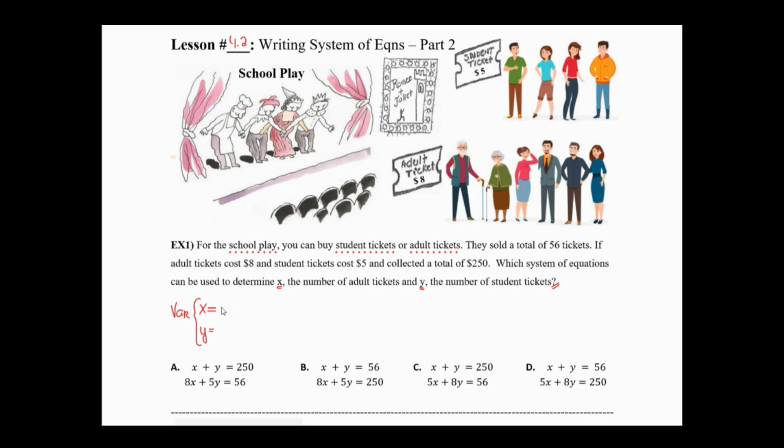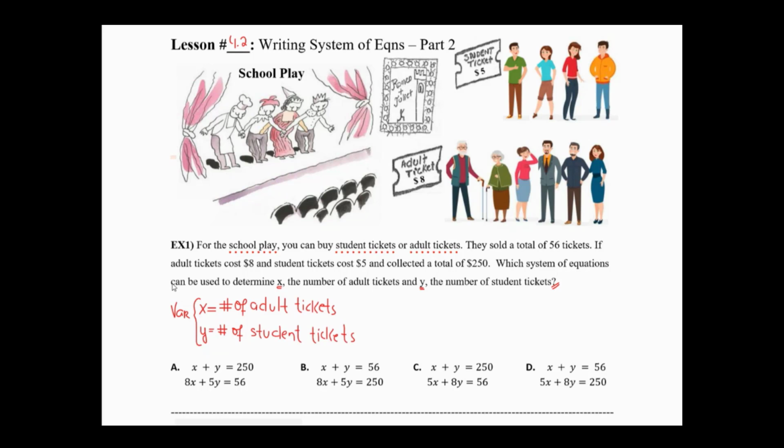So we're going to write here X represents the number of adult tickets, and Y represents the number of student tickets.